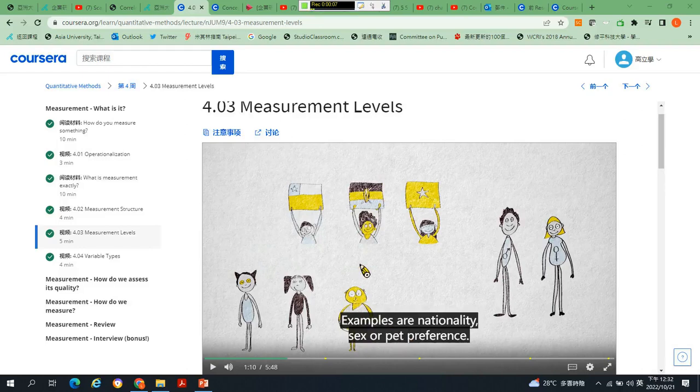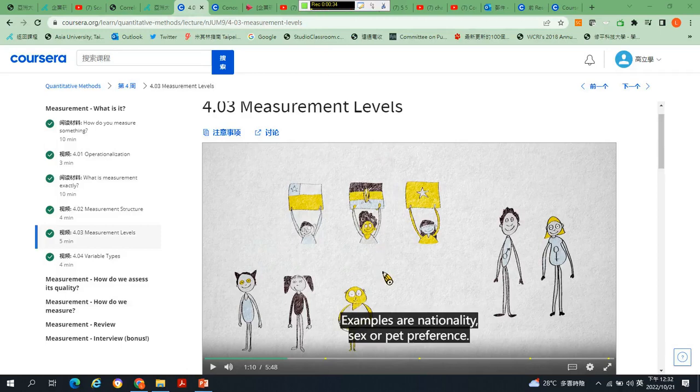For example, if we use the code 1 to refer to males, and 2 refers to females, 1 and 2 are just two categories. In a numerical sense, they don't mean 2 is larger than 1.